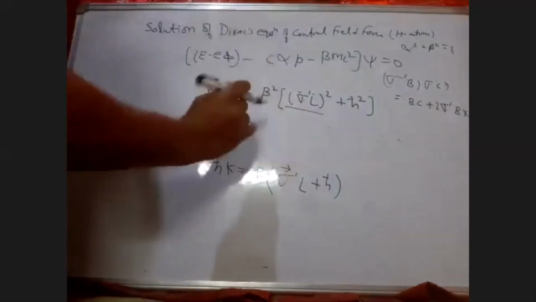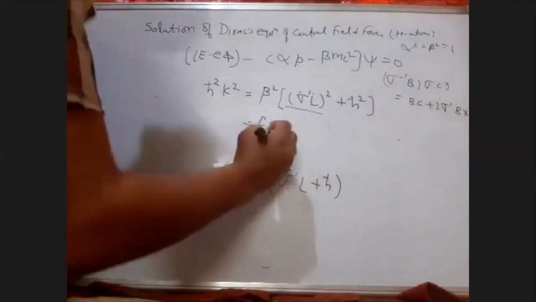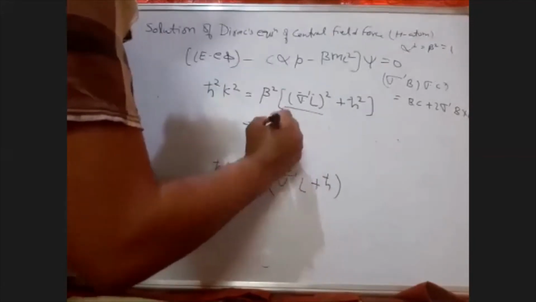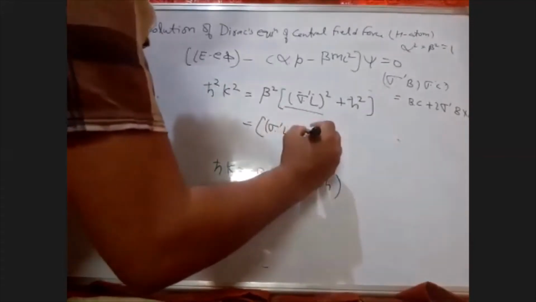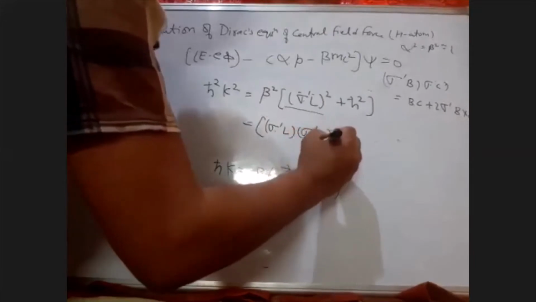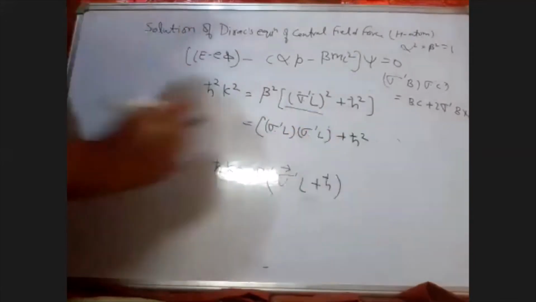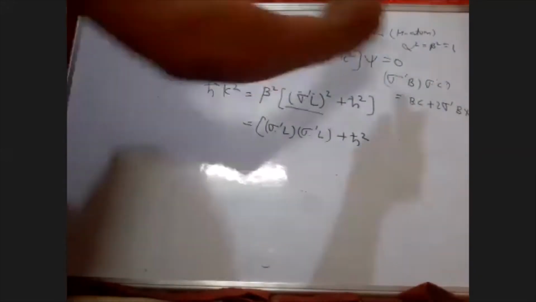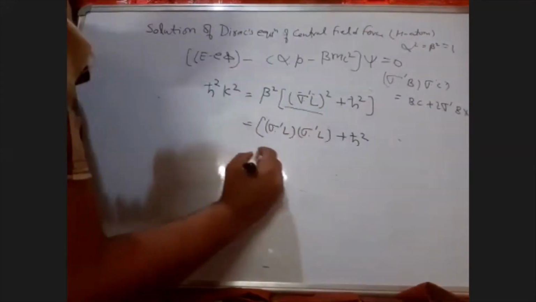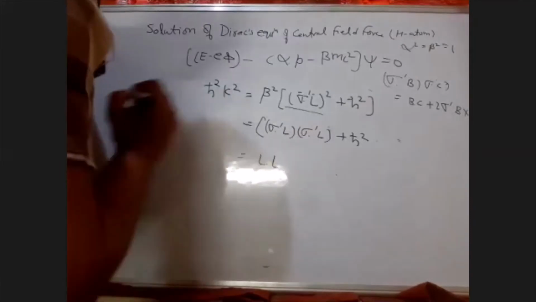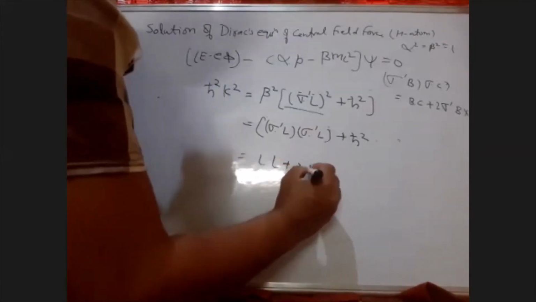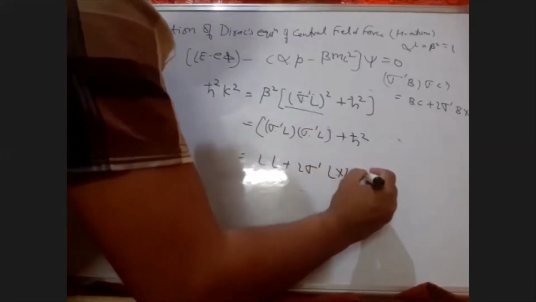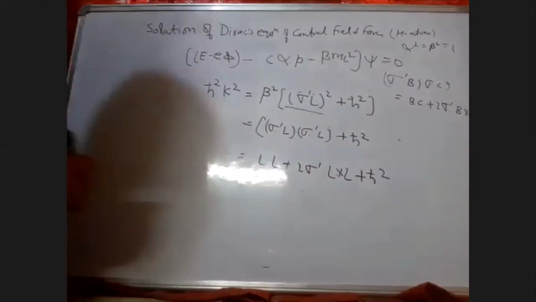So beta square is equal to 1. We can write (sigma dash dot L) square as L dot L plus i sigma dash L cross L, plus h cross square.